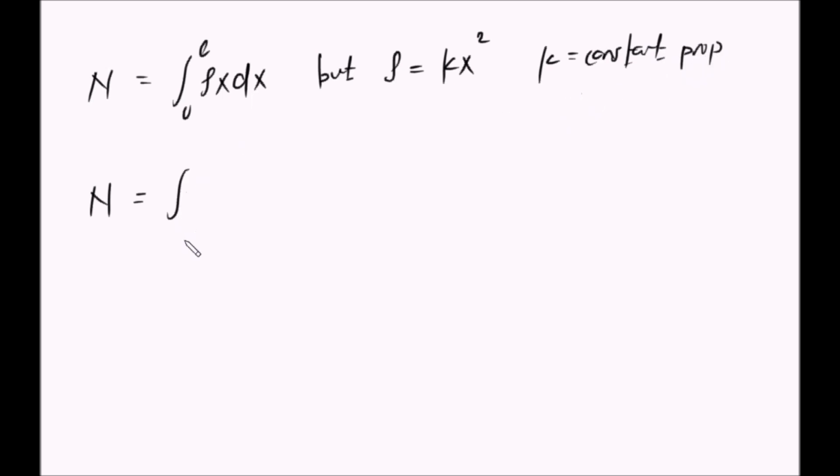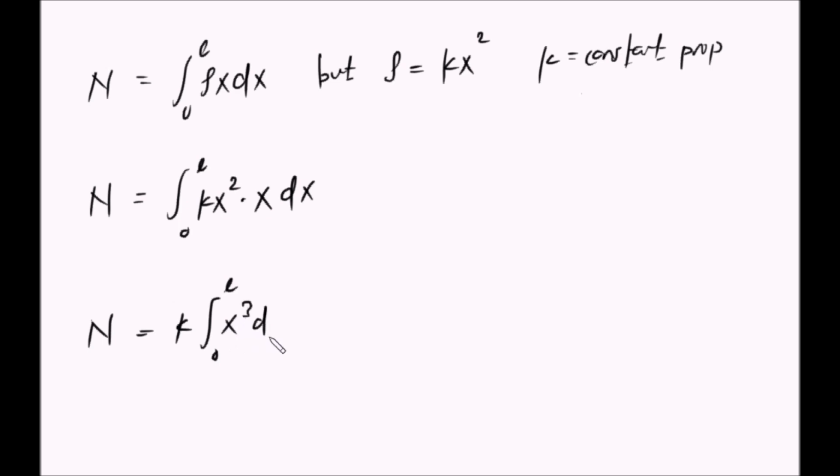Kwa hiyo moment itakuwa ni integrate from 0 to L kwenye density, weka kx squared, so times x dx. So k is constant, naweza nikaitoa nje integral sign. Huko ndani tabaki na x squared times x, which is x cubed dx. So nikiintegrate x cubed with respect to x, I'm gonna get x power 4 over 4.